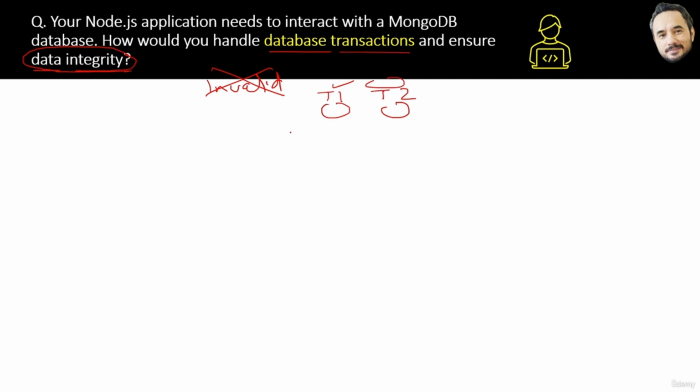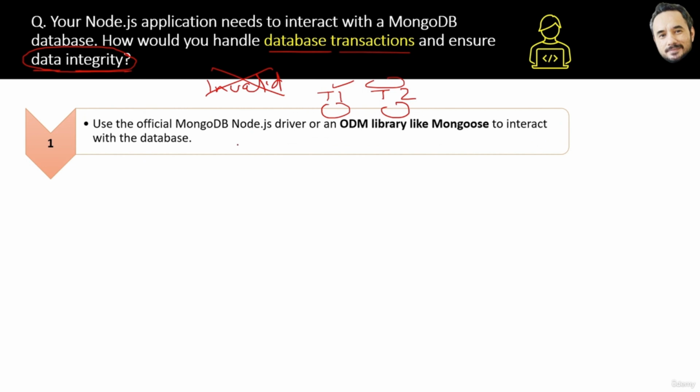Okay. Now, here are the 4 steps that I will take care of for the transaction based Node application. First step is to use the official MongoDB Node driver or any ODM library like Mongoose to interact with the database. Mongoose for a transaction based application is a very good idea. Okay.